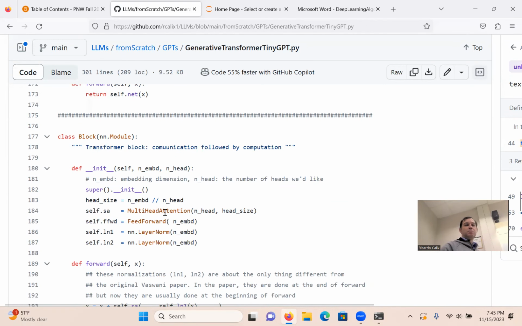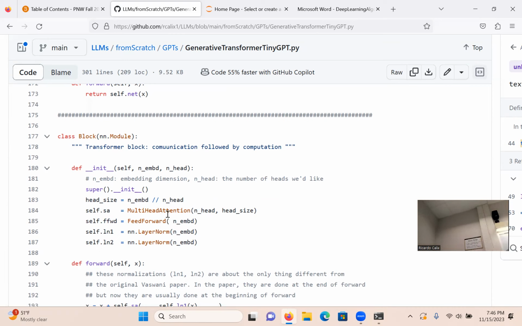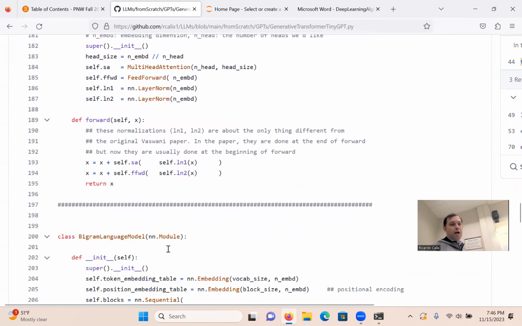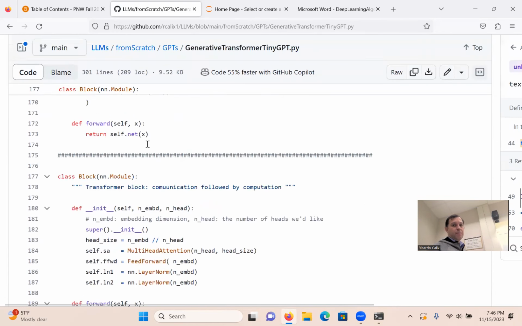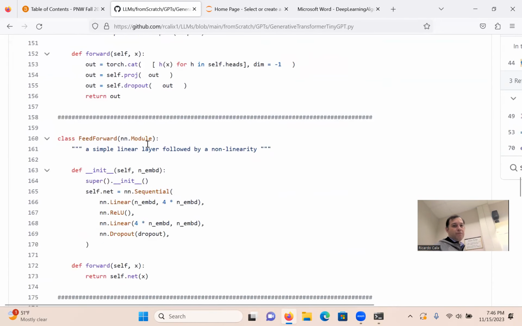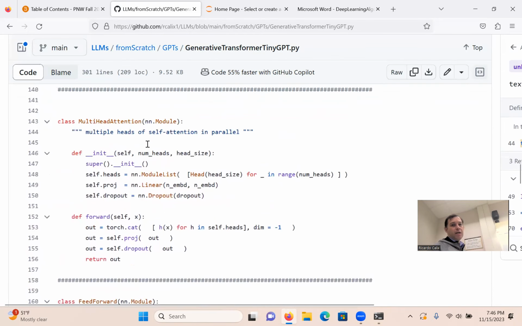Of feed forwards, multi-head attentions. You see that? So it just makes the coding, where I have it in the book, it's not object-oriented, right? It's more like sequential, but it's longer. You saw how it was repeating things. Here, it's a little bit more efficient. So we got blocks, and the blocks put together multi-head attentions, feed forwards, and so on.